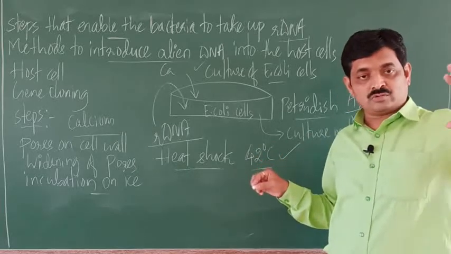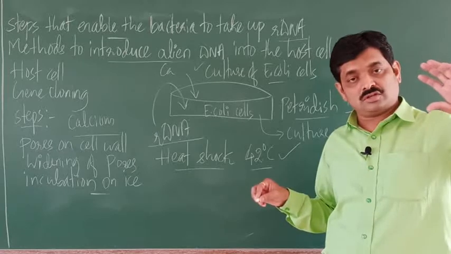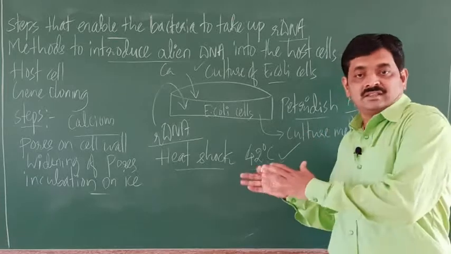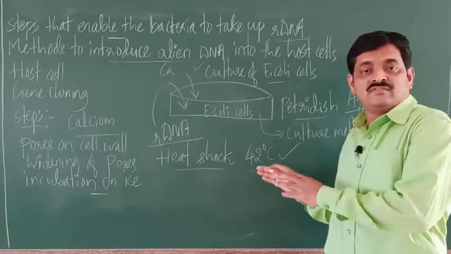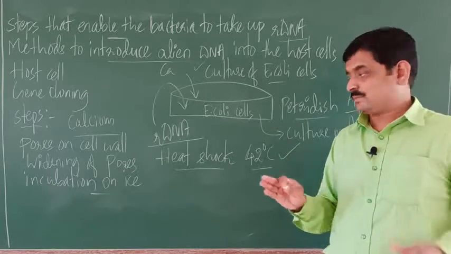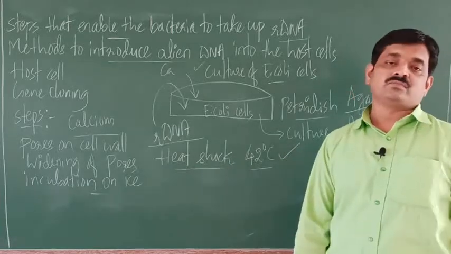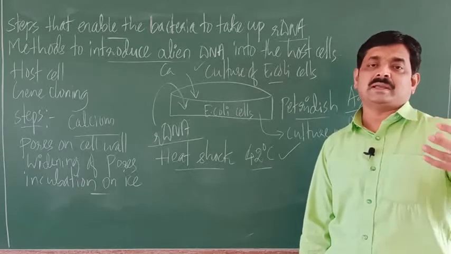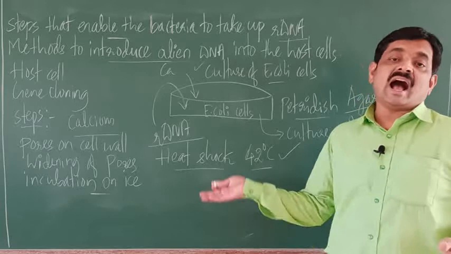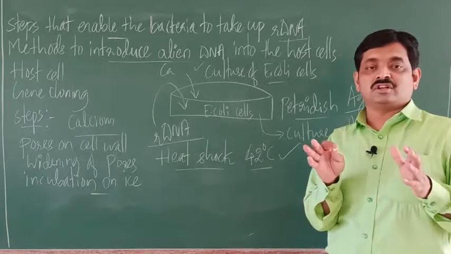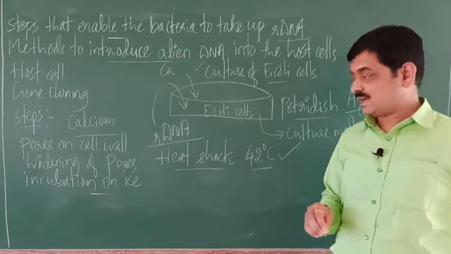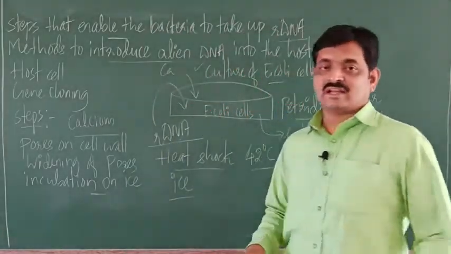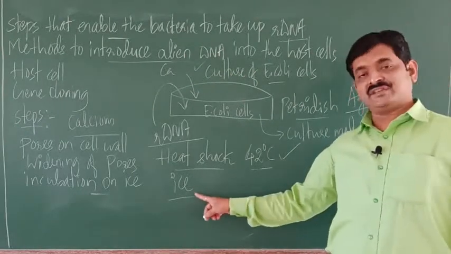Initially the temperature was low when it was incubated on ice. Now suddenly they are exposed to high temperature, and this step is called heat shock. Heat shock is given for a brief time. After heat shock, again the culture of E. coli cells is incubated on ice.